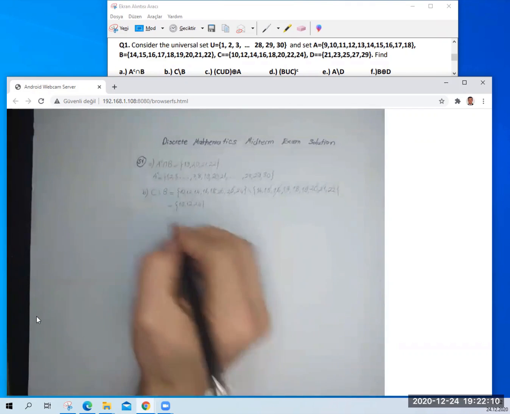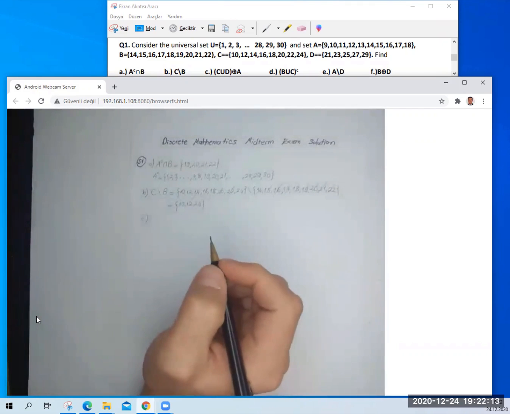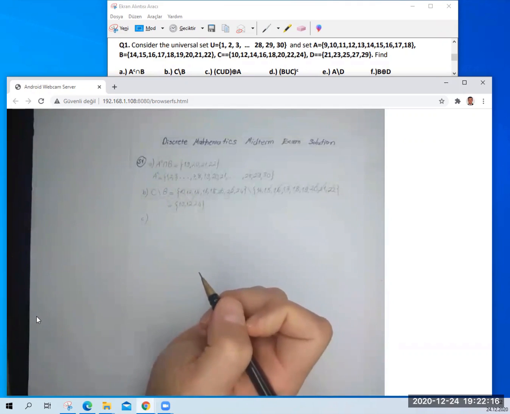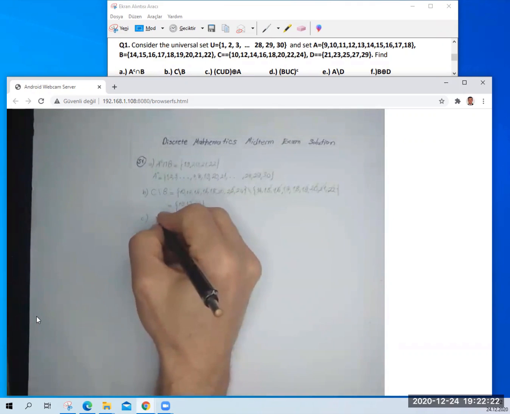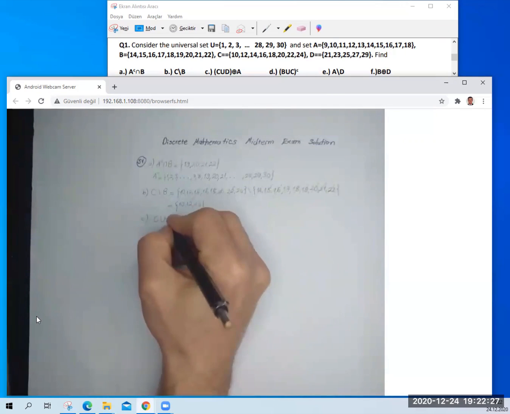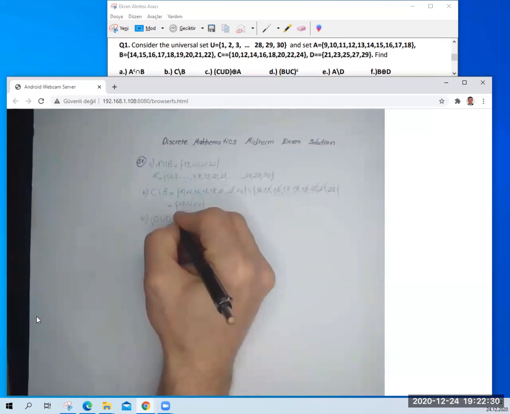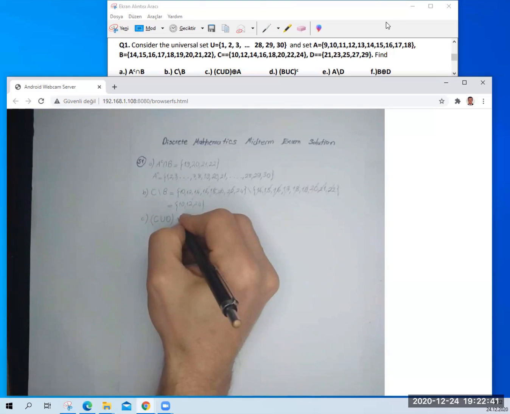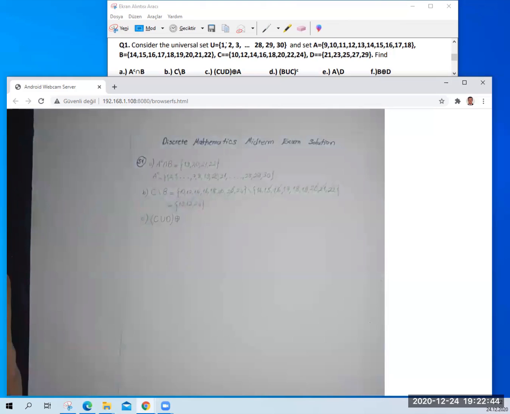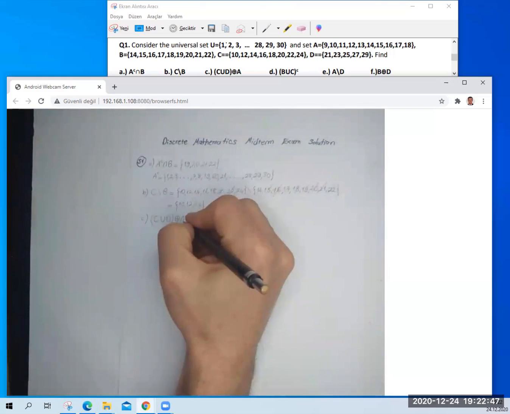And case C. Okay, let's look at that solution. What I need is set C union D, and in parentheses there is the symmetric difference with A. That is my question.